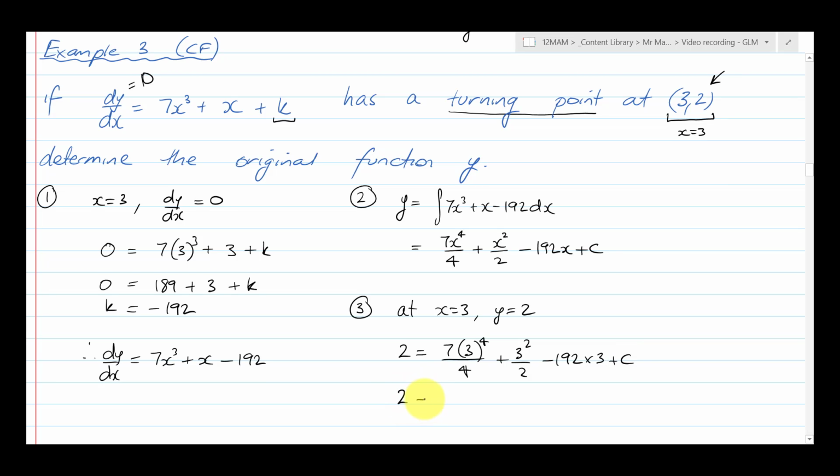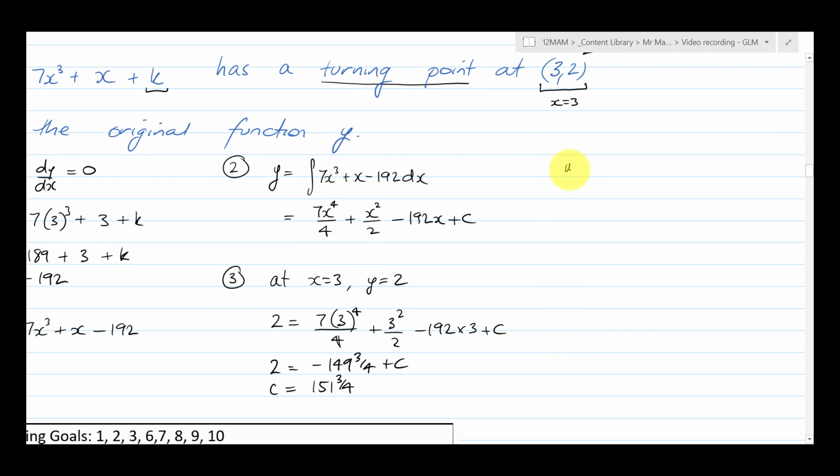So 2 is equal to negative 149 3/4 plus c, which means that c is equal to 151 3/4. And so therefore we have y is equal to 7x to the power of 4 over 4 plus x squared over 2 minus 192x, and then plus 151 3/4.